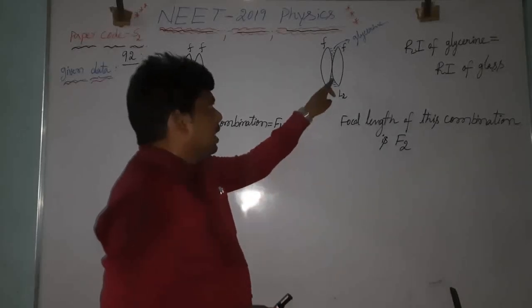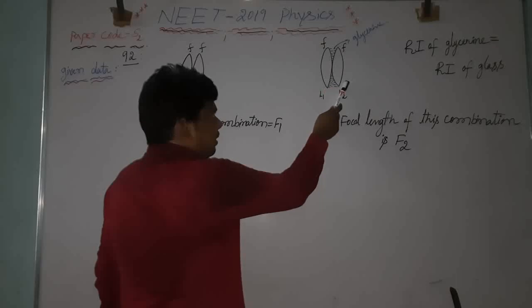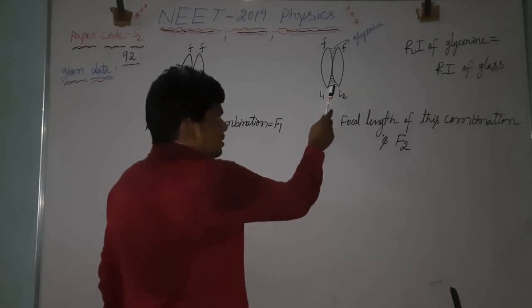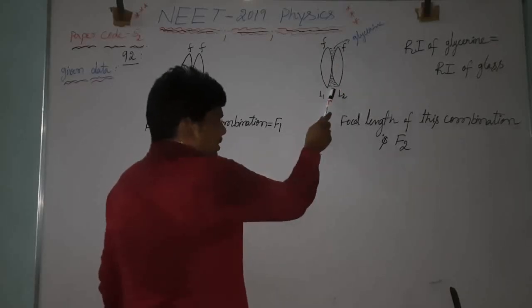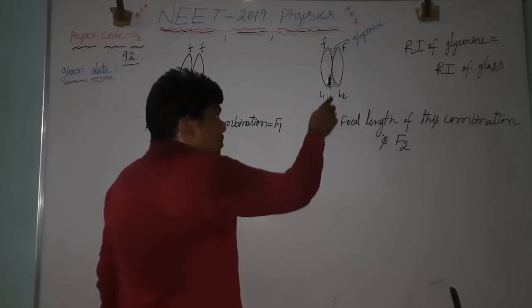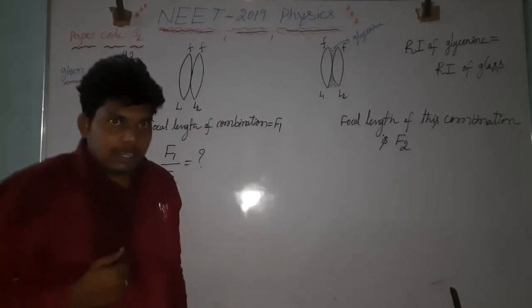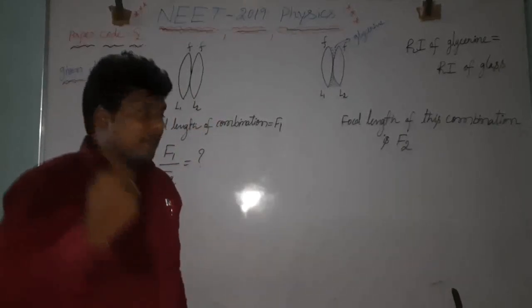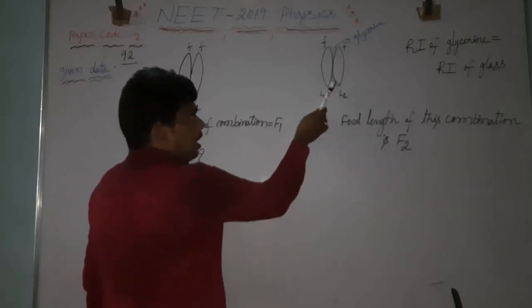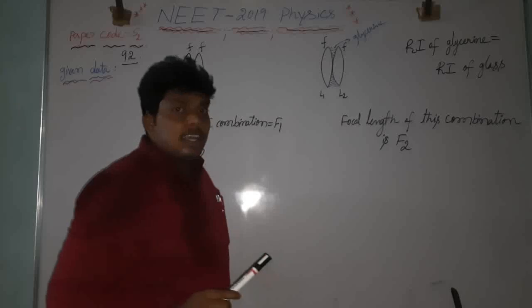The space between the two lenses is filled with glycerin. If you observe the shape of this glycerin, does it behave like a convex lens or a concave lens? Yes, it behaves like a concave lens. It is not a converging lens, it is a diverging lens.